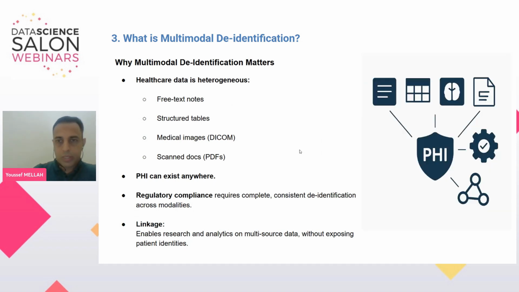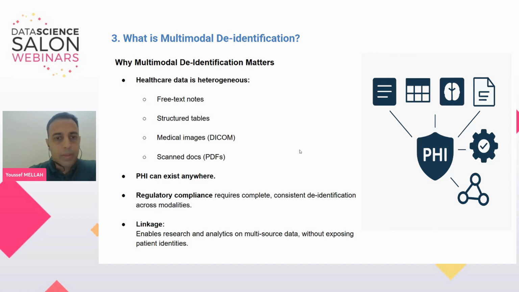But why does multimodal de-identification matter? As you know, healthcare data is heterogeneous. It means you can have multiple document types, for example, text notes, structured tables, medical images, for example, DICOM, SVS images. Also, we can have scanned docs like PDFs. And as you know, when we talk about de-identification and to be compliant with rules like HIPAA and GDPR, we need to mask or identify PHI that can exist anywhere.